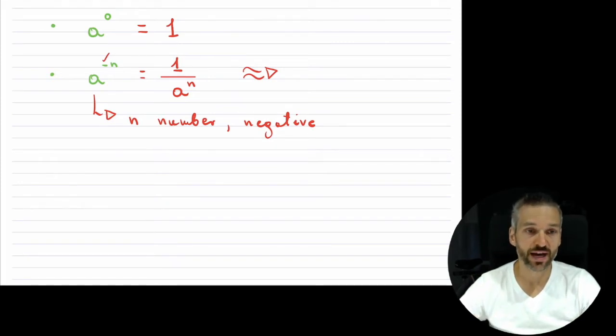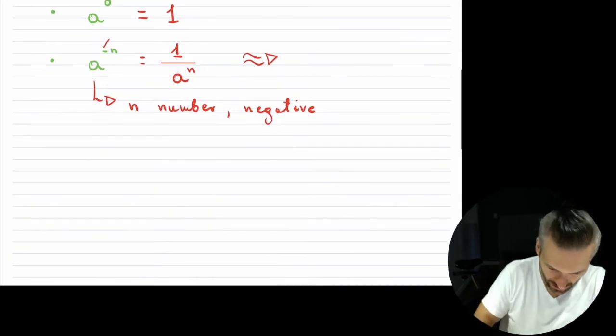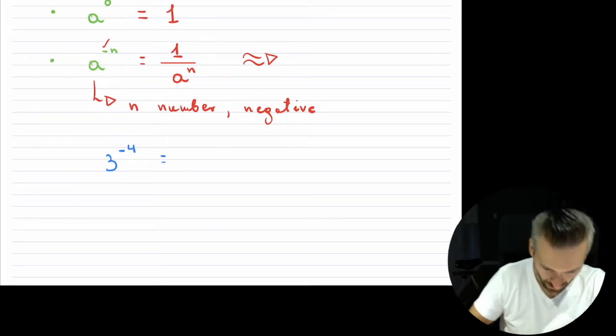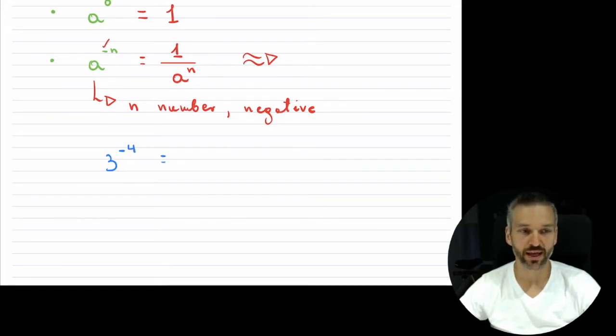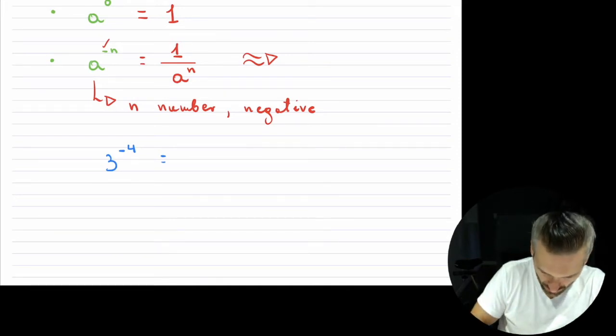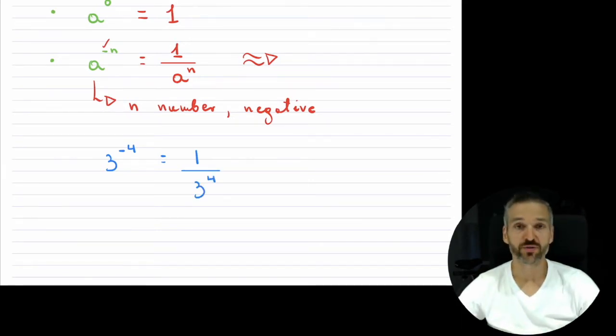So when you have any number, for instance, if I have the number 3 and I raise it to the negative 4, now my A is equal to 3 and my n is 4. Notice the negative. What this really means is 1 divided by 3 to the power of 4. And as you may recall, negative 4 simply means you're dividing by 3 four times.